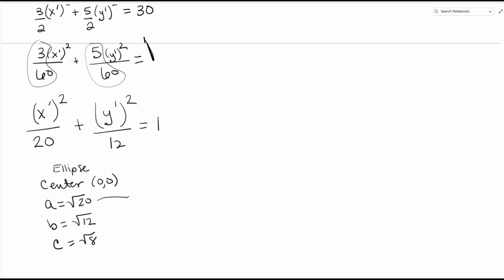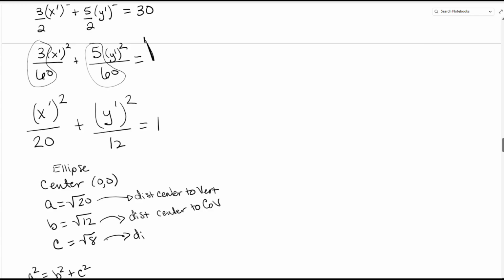Another thing to refresh your memory, a squared is equal to b squared plus c squared. That's how I got the c. A is the distance from the center to vertice. B is the distance from center to covertice. C is the distance from the center to the foci.